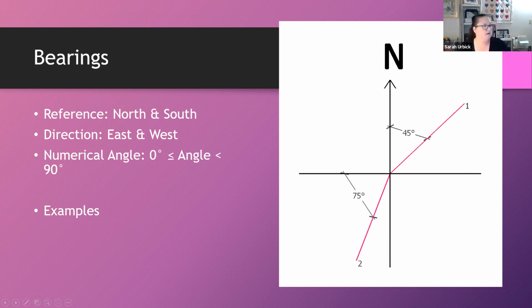All right. So if I had to create a bearing for line number 1, I'm north, I'm 45 degrees towards the east. So my line 1 is going to be north 45 east. So what about line 2?